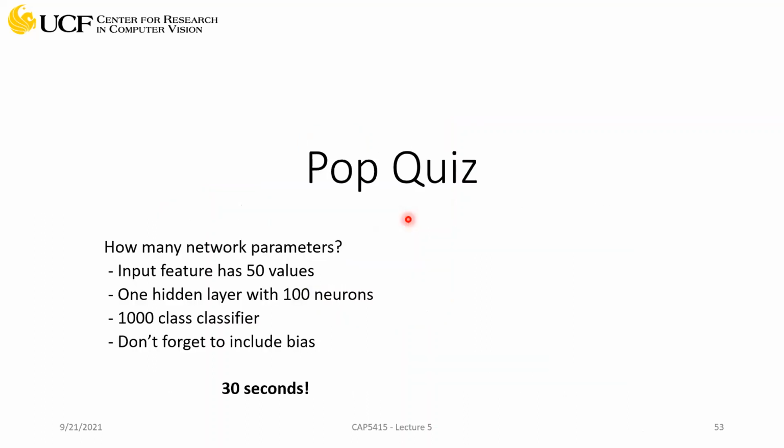Okay, so I have a pop quiz for today, based on what we just discussed. The question is, we have a neural network and you have to determine how many parameters you have in your network. Let me explain what parameter means.